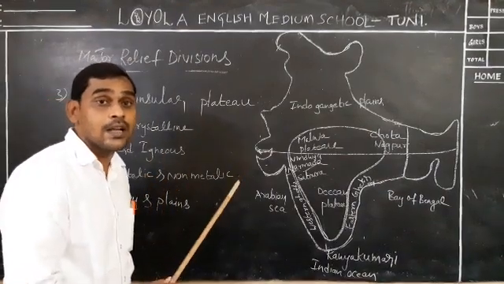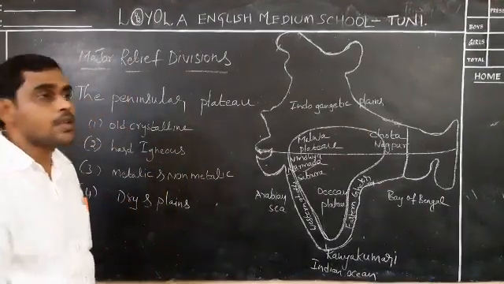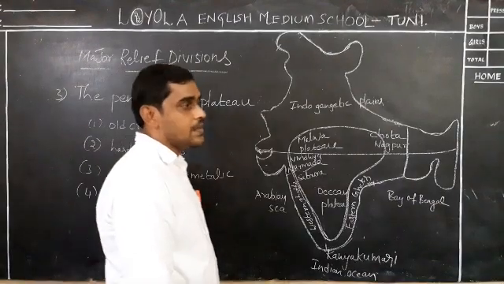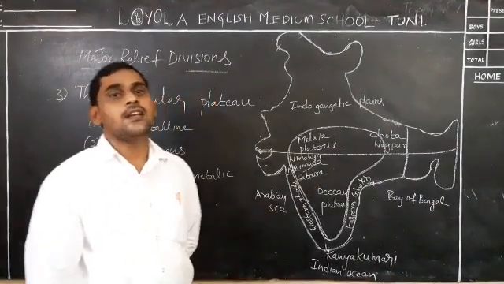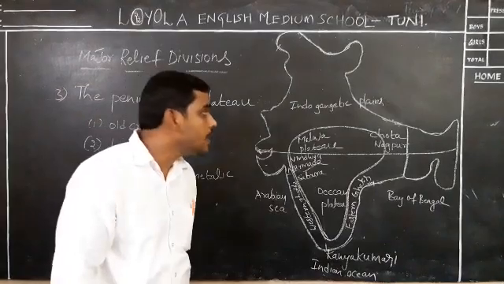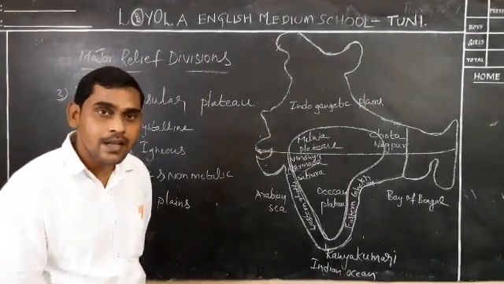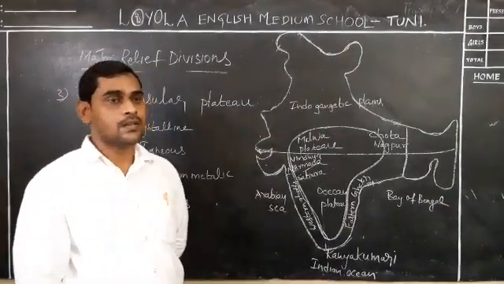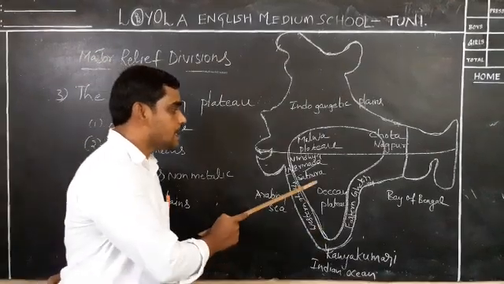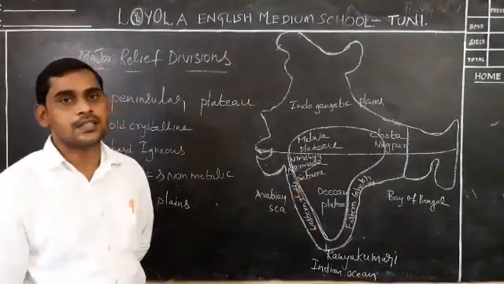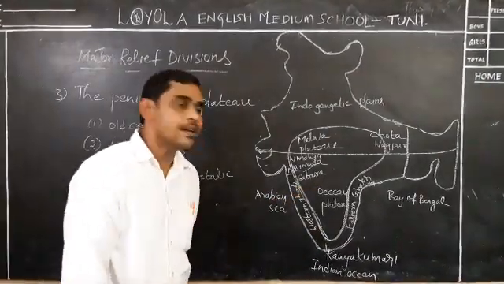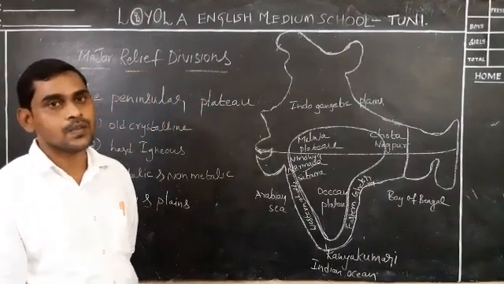Already I said about perennial. What is the meaning of perennial? Perennial means rivers that flow throughout the year. So the rivers flowing in the plateau region are not perennial.